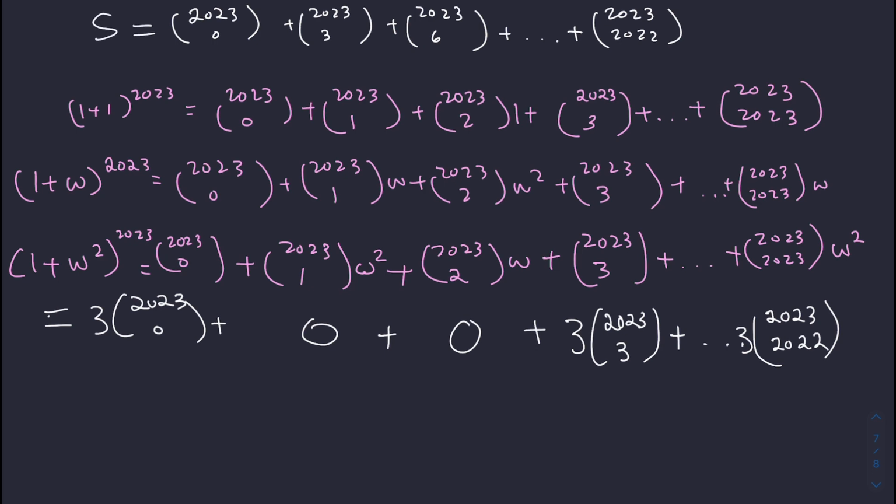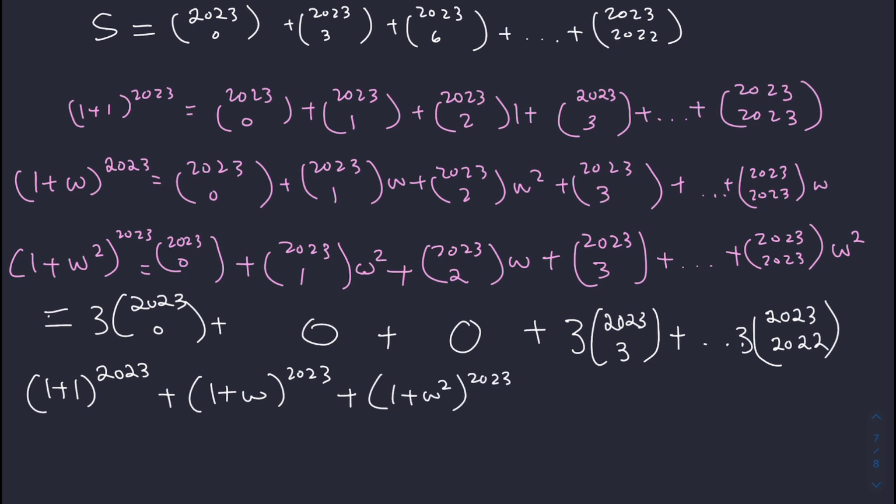Then when we have added this entire thing, that would mean that 1 plus 1 to the 2023, essentially this is what we did earlier by summing the left-hand sides, plus 1 plus omega to the 2023, plus 1 plus omega squared to the 2023 equals what we have up there, or essentially that's just 3S.